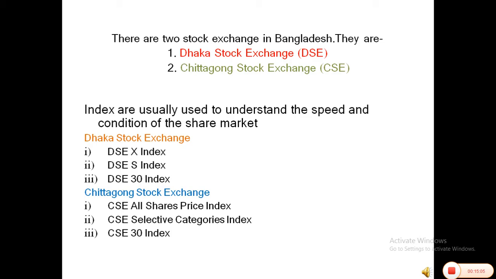Chittagong Stock Exchange, CSE. CSE is the second stock exchange in Bangladesh. CSE began its journey on October 10, 1995 as a non-profit public limited company. It introduced floor trading on October 10, 1995.